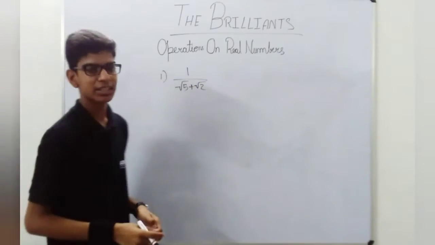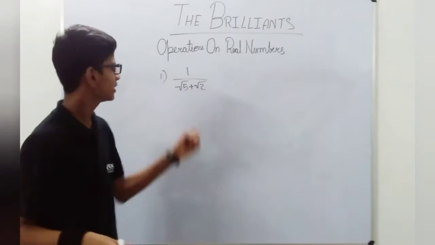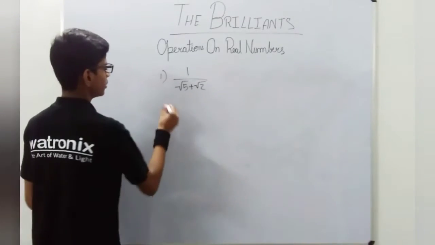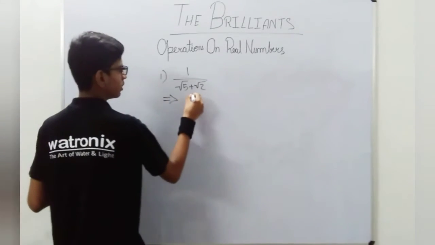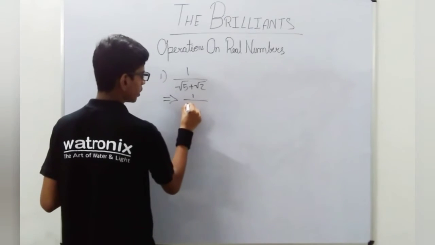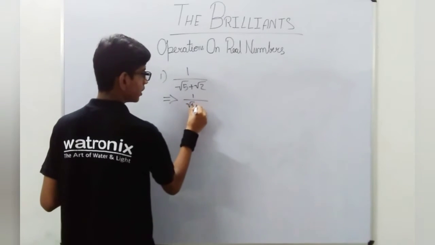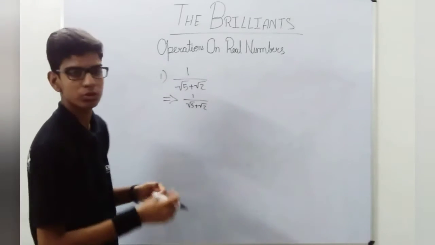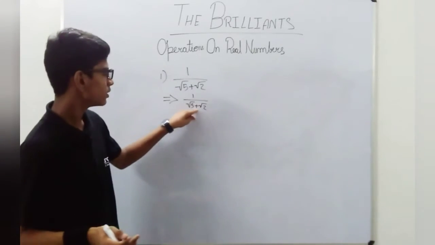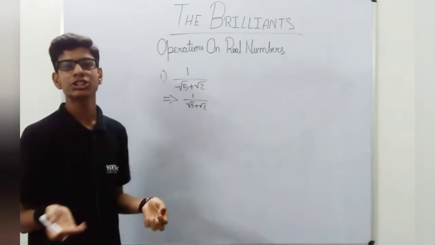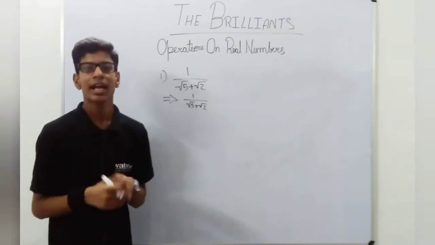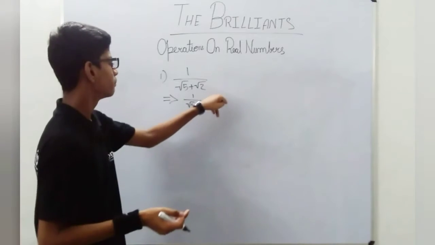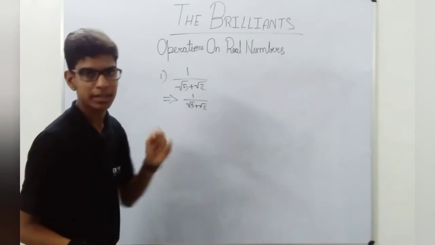We can see the denominator is in root, so we are going to rationalize the denominator. For rationalizing, we change this plus sign into minus and multiply by it in both numerator and denominator.